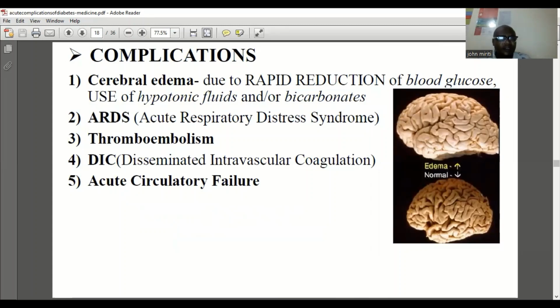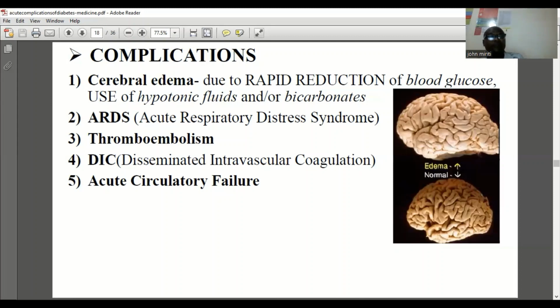The other one is acute respiratory distress syndrome, and it can also result in thromboembolism, because the lactic acidosis can stimulate the intrinsic pathway of inflammation by affecting the endothelial cells, resulting in production of prostaglandins, platelet activating factors, endothelin, heparin, and sometimes a small amount of histamine.